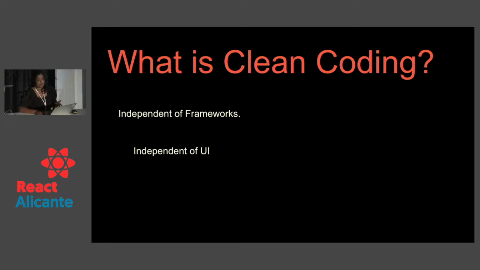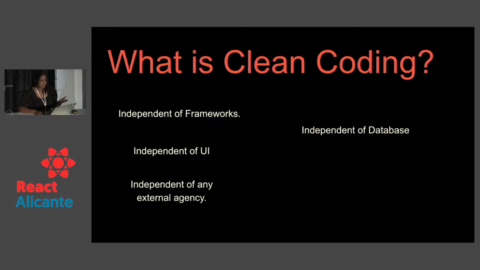The system should be independent of UI, so the UI can change easily without much interference with the original business rule. And then, of course, it should be independent of external agencies. So if somebody across the globe is changing their APIs, our system should not break, right? And then it should be independent of databases.